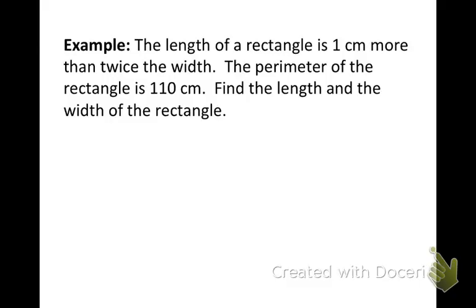The length of a rectangle is 1 centimeter. Oh, it's taking us back to geometry days, huh? So the length of a rectangle is 1 centimeter more than twice the width.